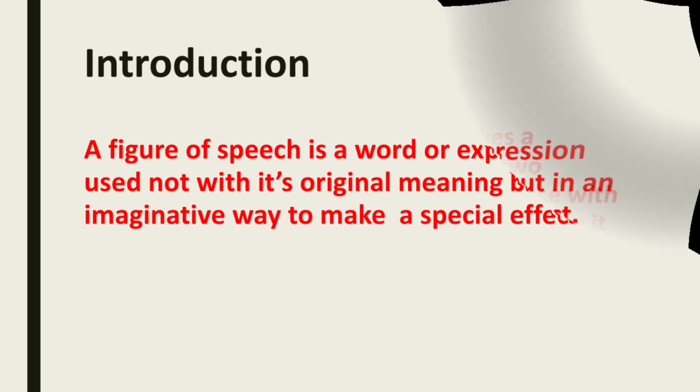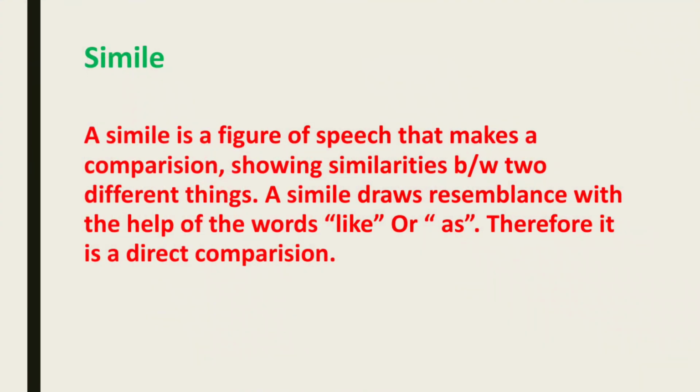So now we are moving to the very first figure of speech, that is simile. A simile is a figure of speech that makes a comparison showing similarities between two different things.